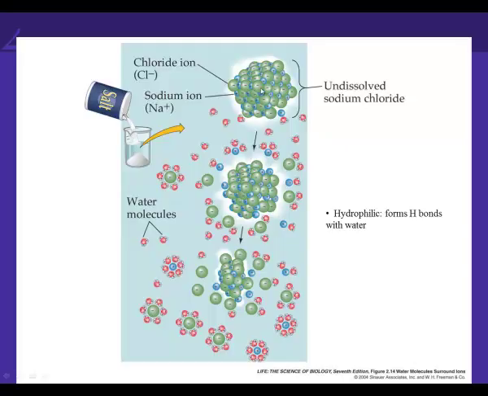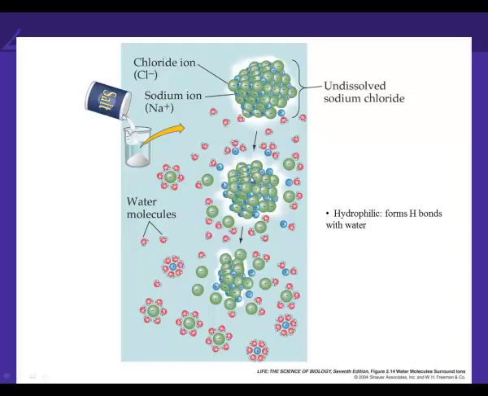The large green represents the chloride ions. The small blue represents the sodium ions, which are positively charged, and the moment that this salt gets into water, these water molecules start to surround that crystal structure of the salt, and you'll see that the negative parts of the water orient themselves around the sodium atoms, and that the positive parts of the water molecules orient themselves around the chloride ions.